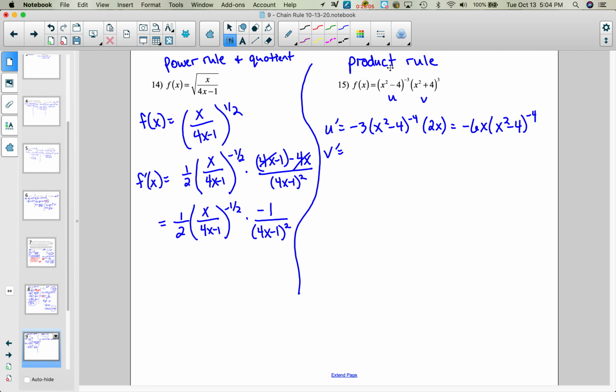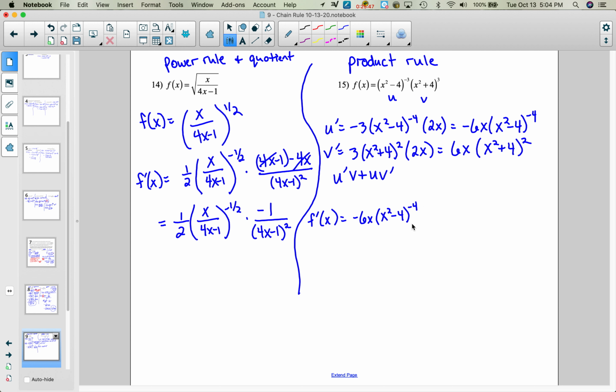V prime, using the power rule, so we've got all these different rules going on here, but we have 3 times x squared plus 4 to the second power times the derivative of what's inside, which is 2x. So I get 6x times x squared plus 4 squared. So remember, we need u prime v plus u v prime. So f prime of x, u prime v is going to give me negative 6x, x squared minus 4 to the negative fourth power, that's u prime.